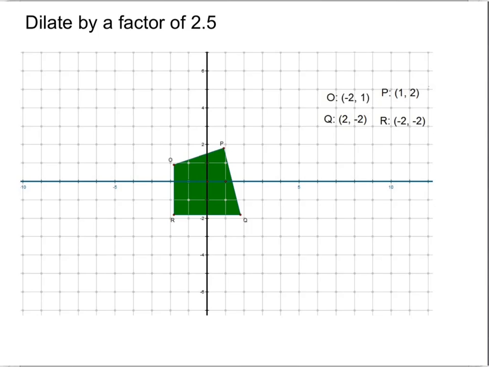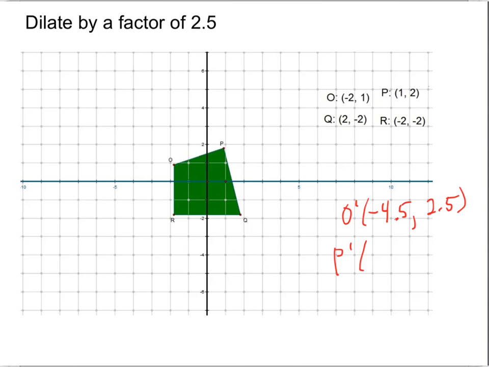Okay, and finally, let's dilate by a factor of 2.5. And really all that means is taking the coordinates and multiplying them by 2.5. So O prime would be negative 4.5, 2.5.